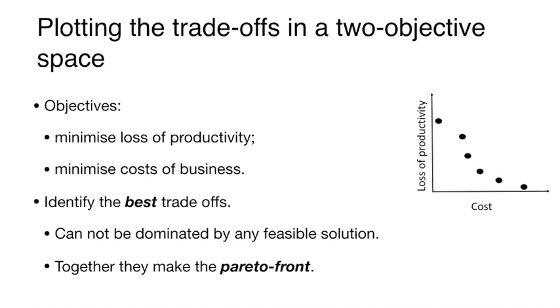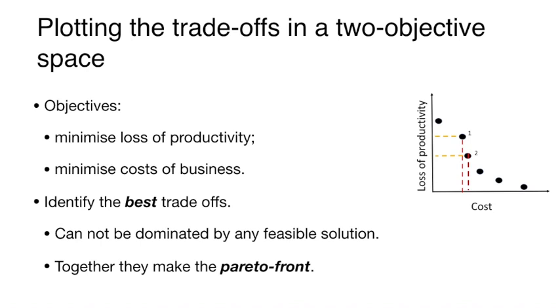So let's plot some sample solutions represented by these black dots. Notice none of these solutions dominates any other point. Let us confirm by comparing solution 1 with solution 2. Notice solution 2 is better than solution 1 on the y-axis, that is the loss of productivity axis. But then solution 1 is better than solution 2 along the x-axis.